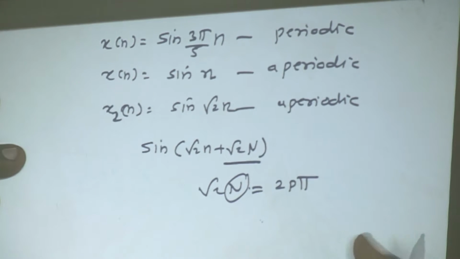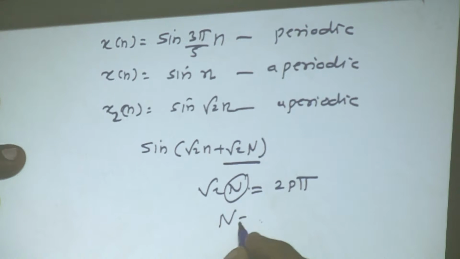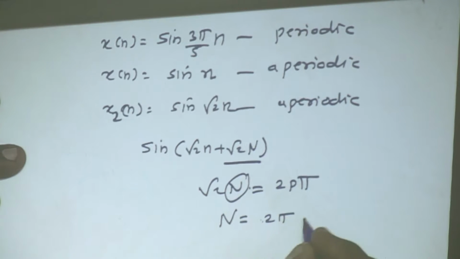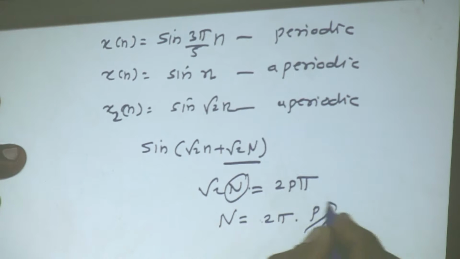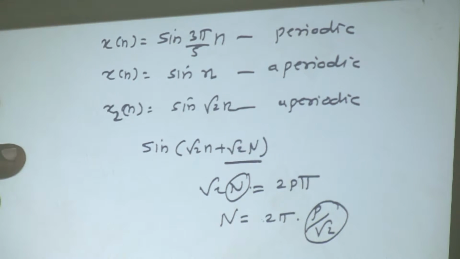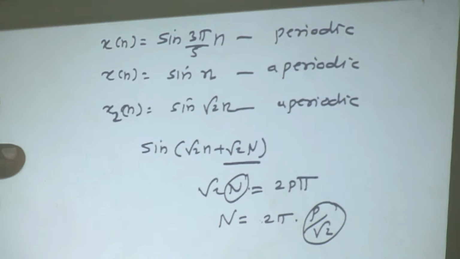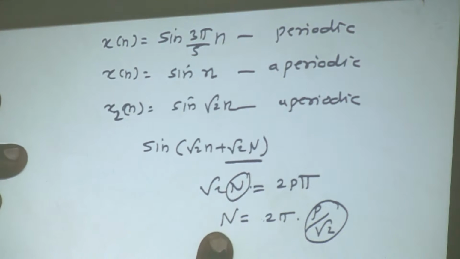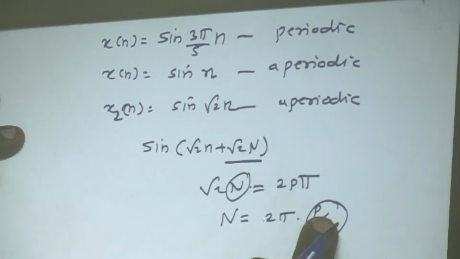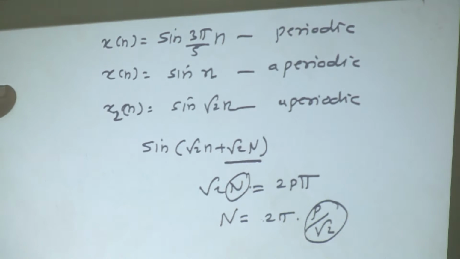The sequence will be periodic, but there is no possibility of N. N equals 2 pi p divided by root 2 for any integer p, and p by root 2 can never be an integer. So N cannot be an integer. For any value of p, this right hand side can never fetch you an integer. It means the signal is aperiodic.